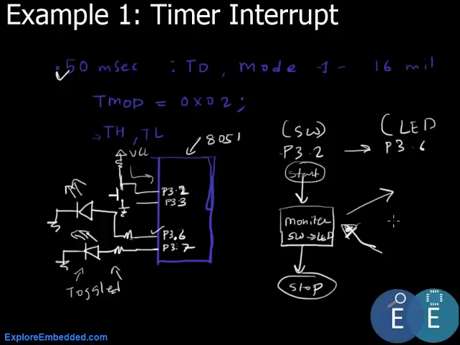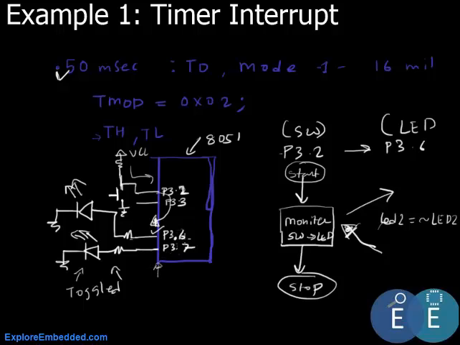So say this is LED 2, we toggle the LED. What this does is it blinks this LED continuously, and whenever we press a switch, that switch status is displayed on the LED connected on port 3.6, while the other LED is toggled continuously.